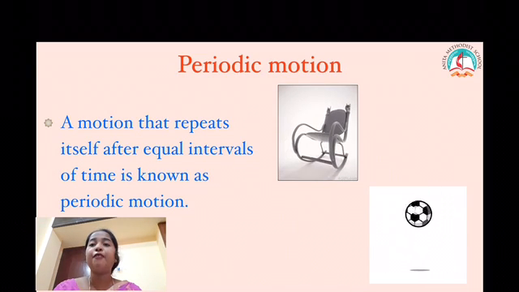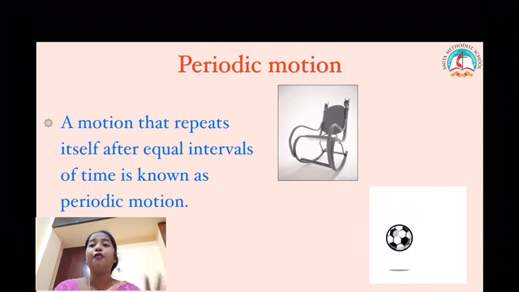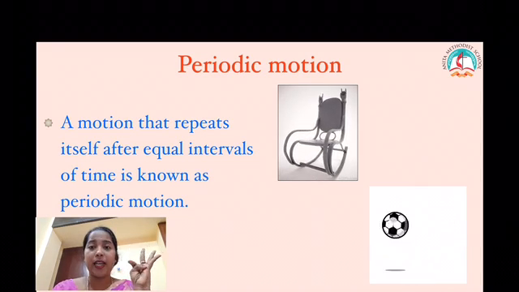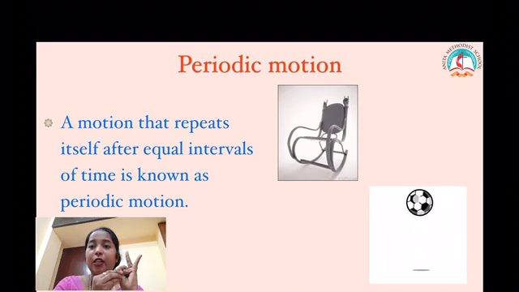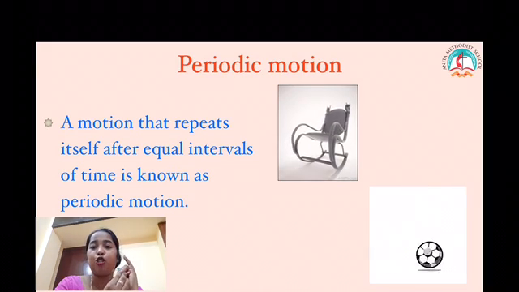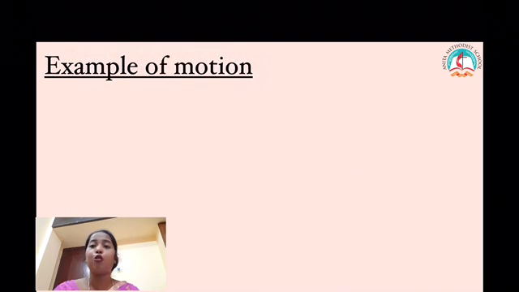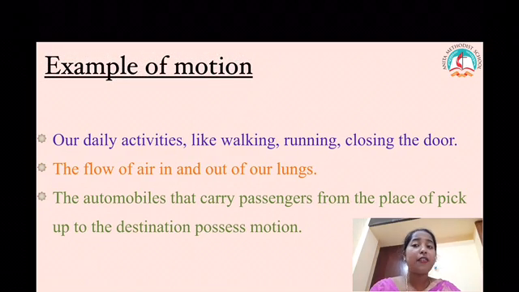So children, we have seen about 5 types of motion: linear motion, rotatory motion, oscillatory motion, circular motion and periodic motion. Now let us see some examples of motion. Our daily activities like walking, running and closing the door involve motion.